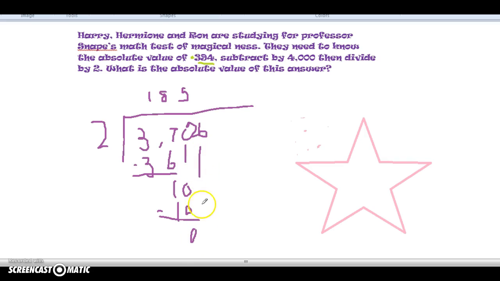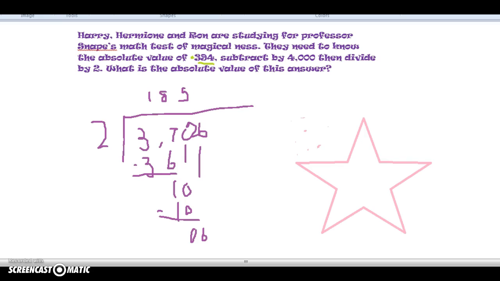And then we need to bring down the 6. 2 goes into 6 3 times. And as we all know, 3 times 2 is 6. So we have our number here, 1,853. That is our number.